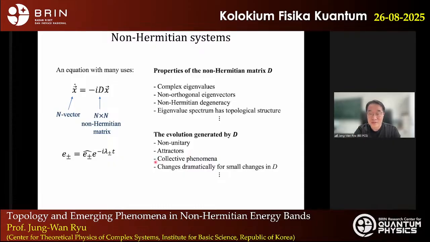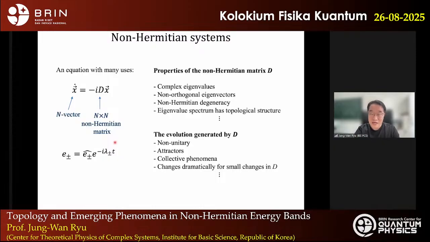And sometimes they can make collective phenomena like synchronization. And this can make some kind of clustering of the states. And of course, sometimes this requires nonlinearity. And as another property, near the exceptional points, this variable changes dramatically for small perturbation. And this property comes from the non-Hermitian matrix.